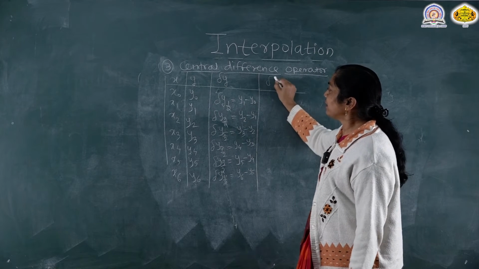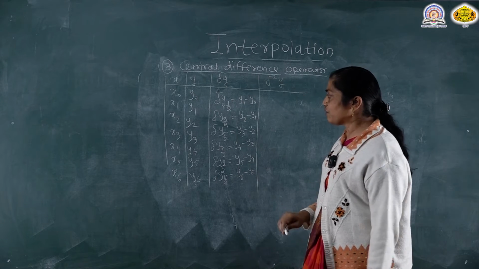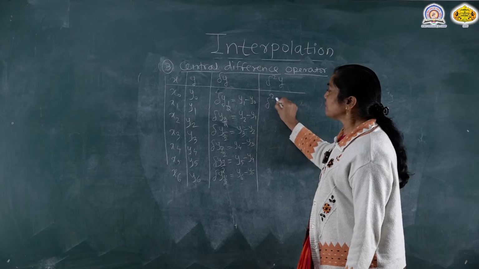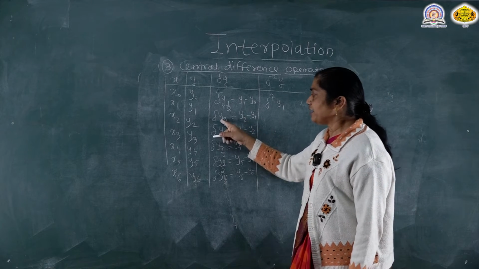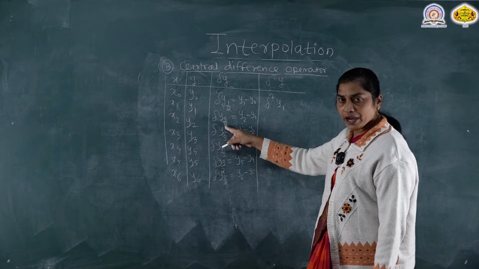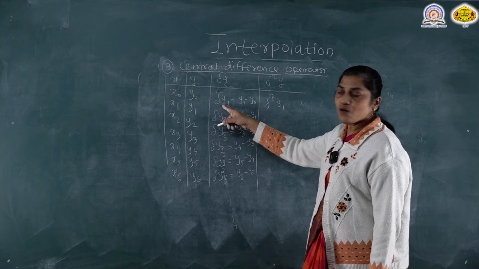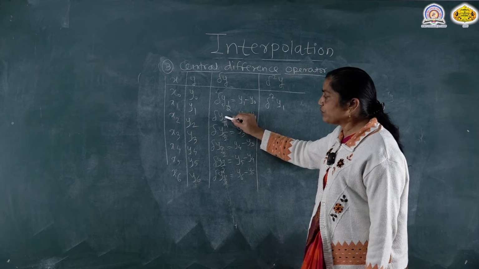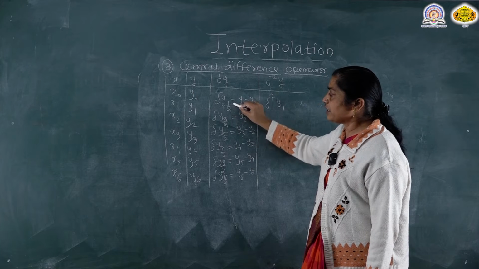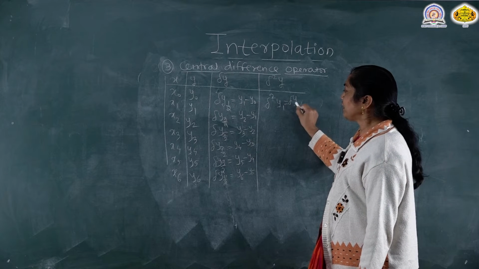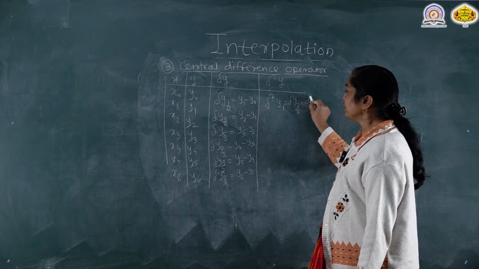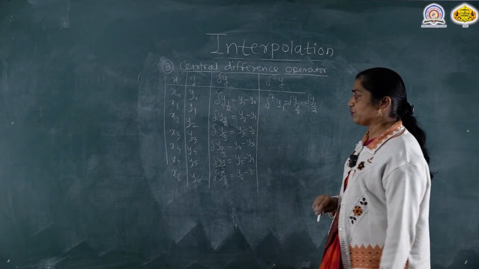If you find second differences, that is delta square y, we get delta square of y1. What is delta square of y1? It is delta y of 3/2 minus delta y of 1/2. So from this entry, we are subtracting the above entry. This is nothing but delta y 3/2 minus delta y 1/2.